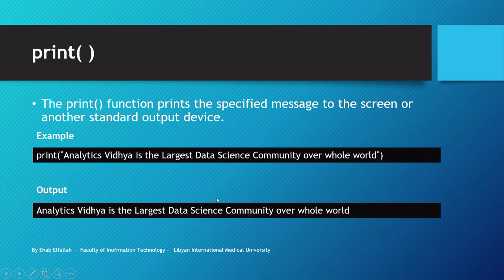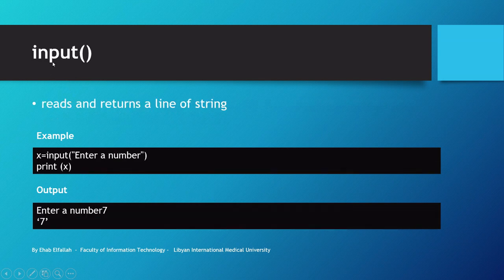The second is the input function, and this function reads and returns a line of a string from the screen. If we want the user of our system to input a value, we can call the input function, and we can receive the input in another variable.